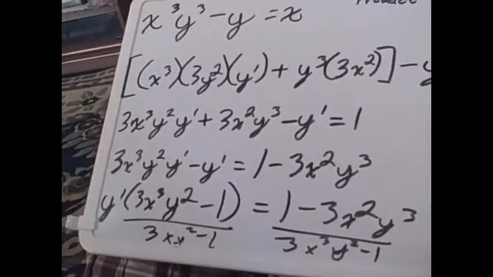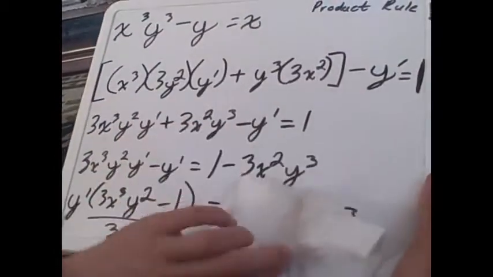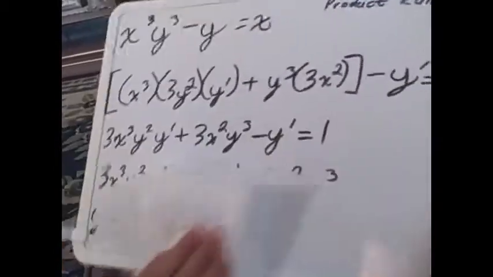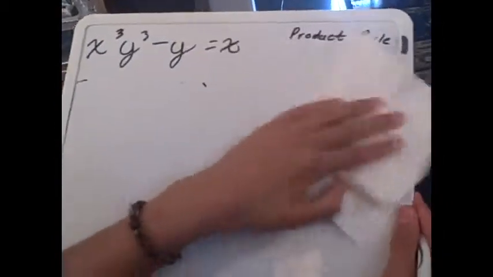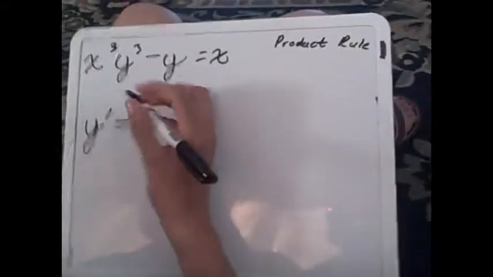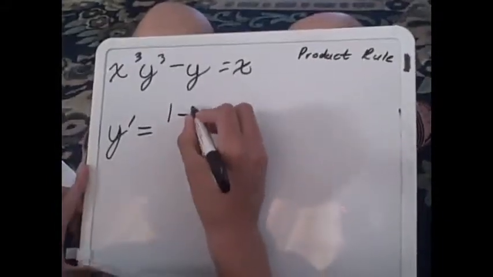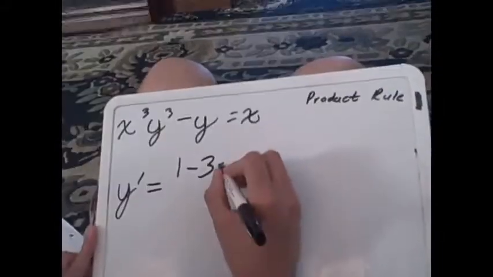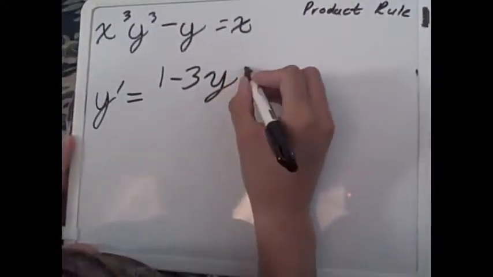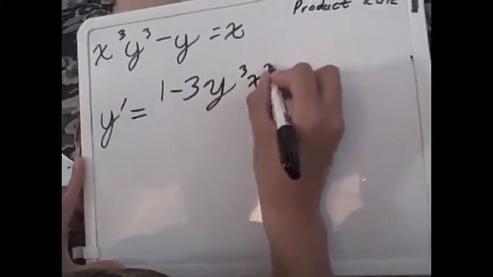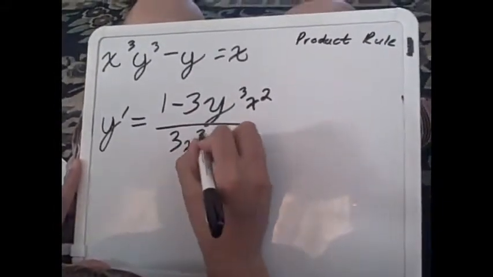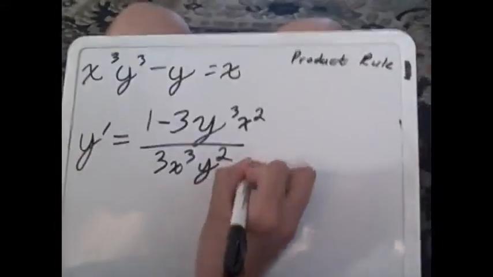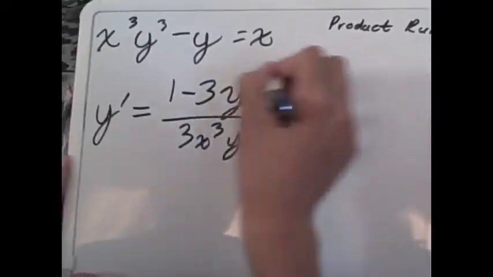And we get this. After dividing it, you get y prime is equal to 1 minus 3y cubed x squared, all over 3x cubed y squared minus 1. That is your answer.